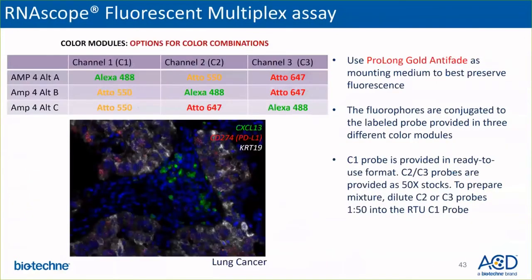For the fluorescent V1 assay, you can use different AMP4 alternatives A, B, or C that are shown on this slide. For different fluorophore combinations, we recommend using ProLong Gold antifade mounting media to preserve fluorescence.